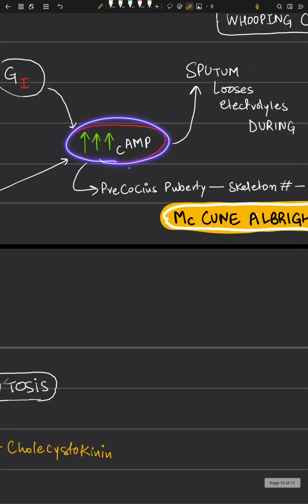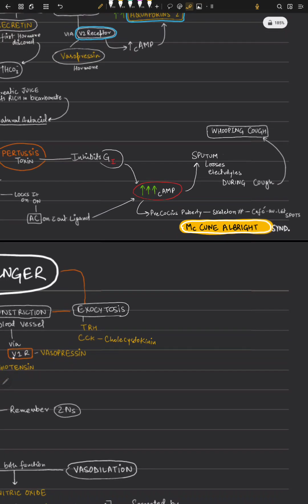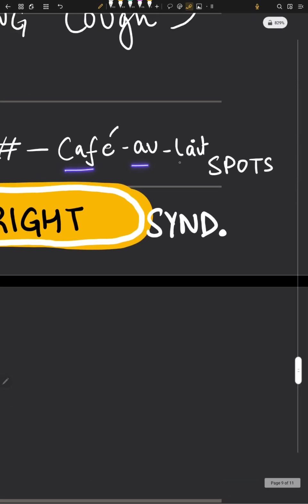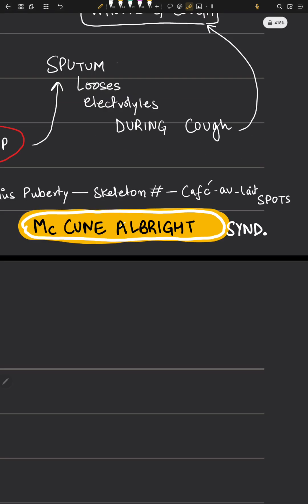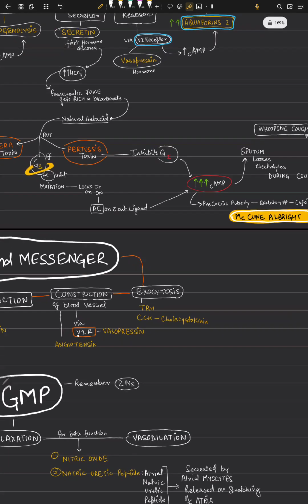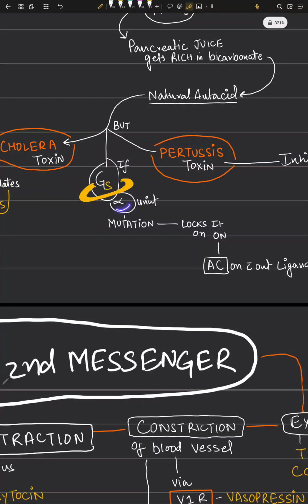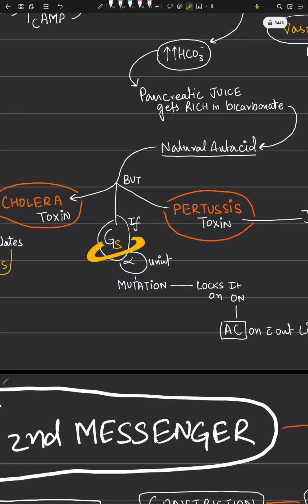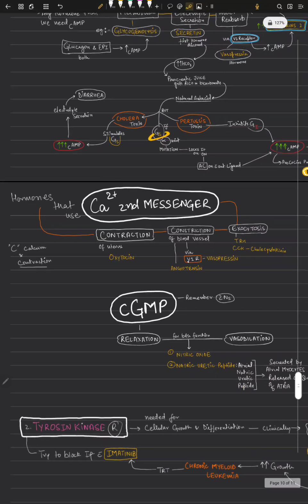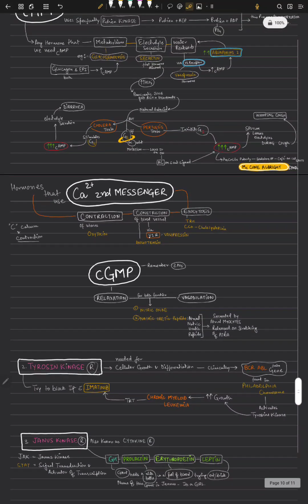The cAMP level increases dangerously, and then we get precocious puberty, skeleton problems, and something called café-au-lait spots, and we call this McCune-Albright syndrome. This will happen if your Gs alpha unit is mutated. So guys, please don't mutate your Gs alpha units. Okay, we won't.